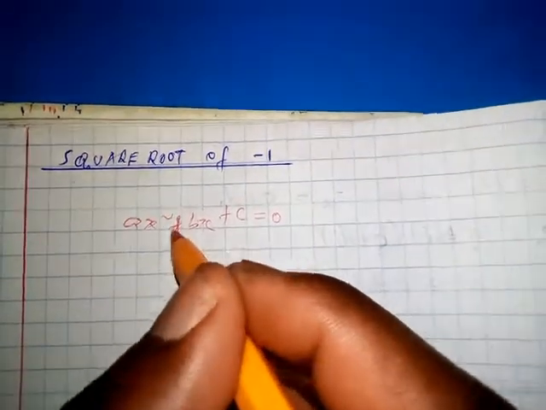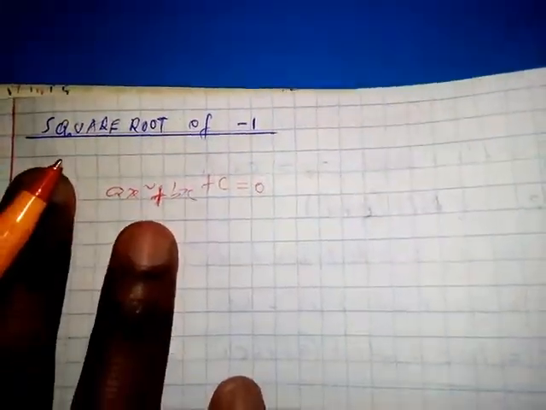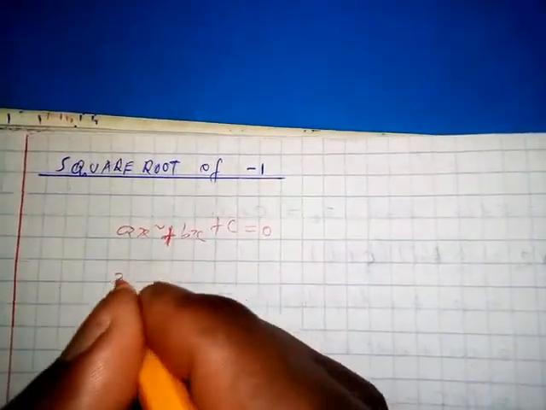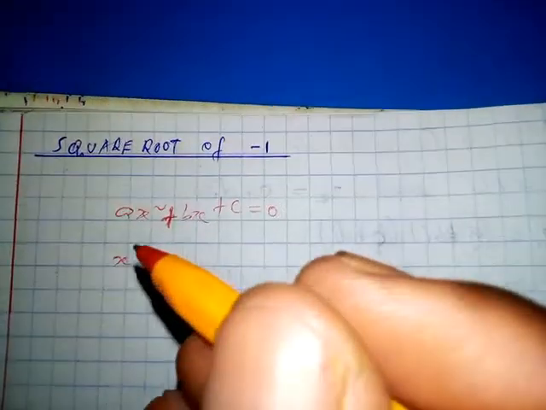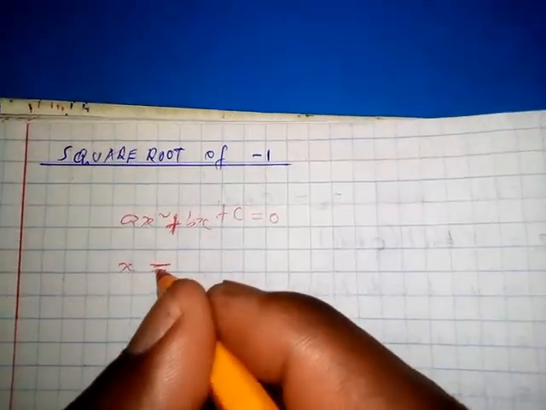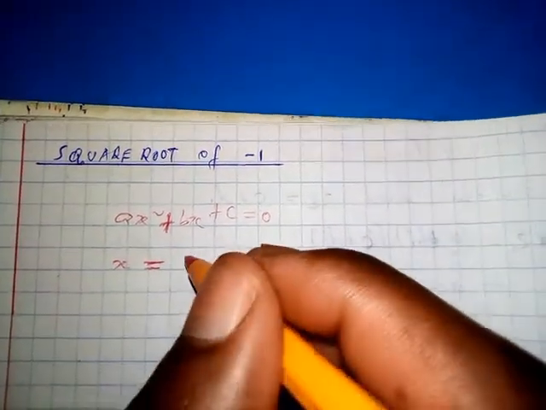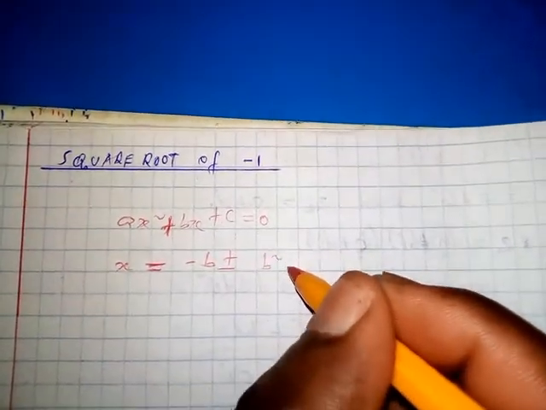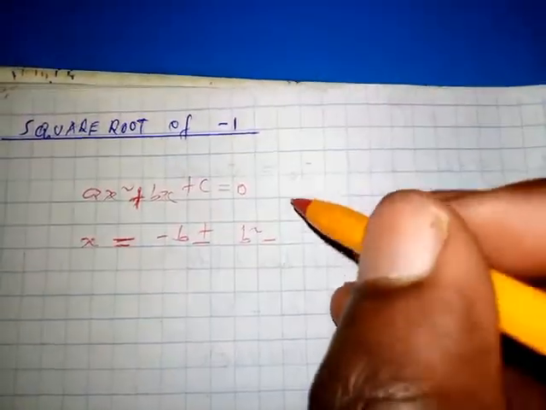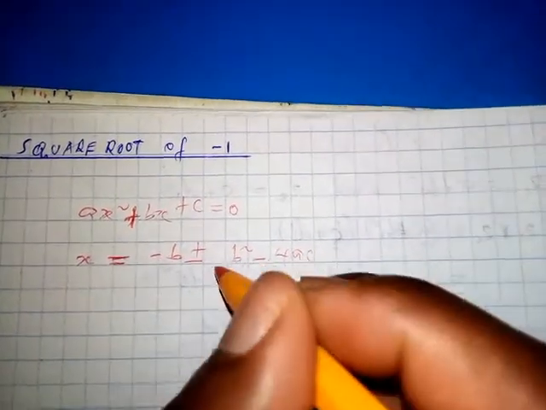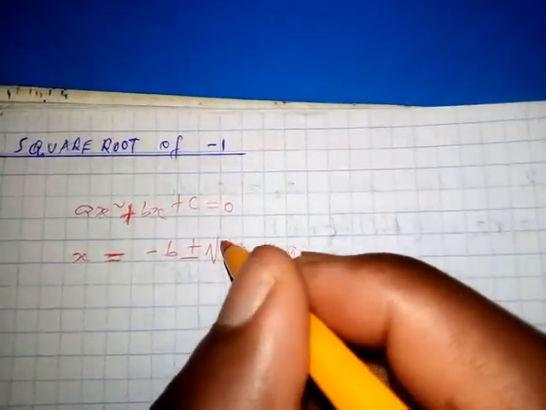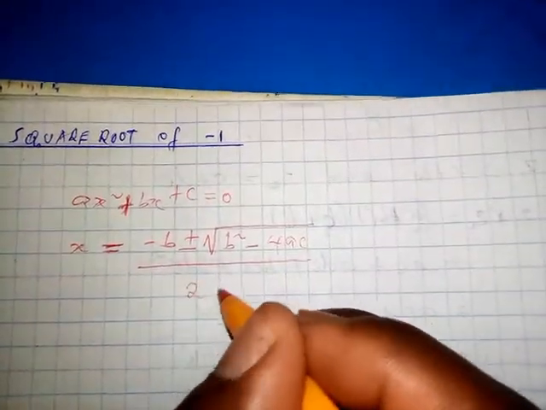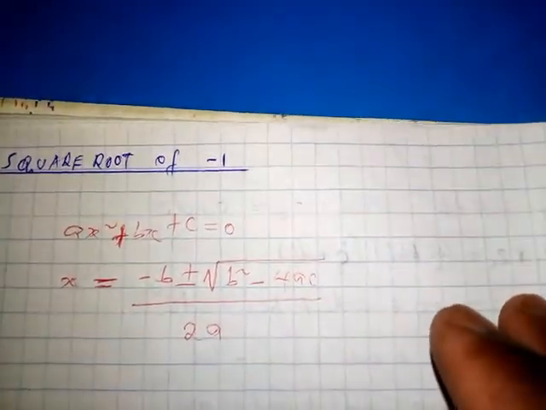To get the value of x, or the roots of x, we use x is equal to -b plus or minus the square root of b squared minus 4ac, over 2a.